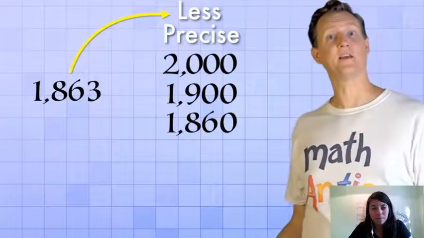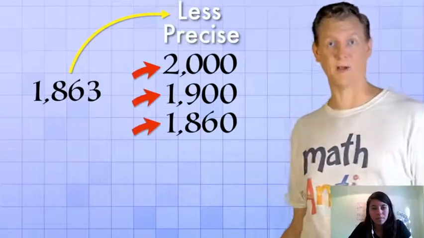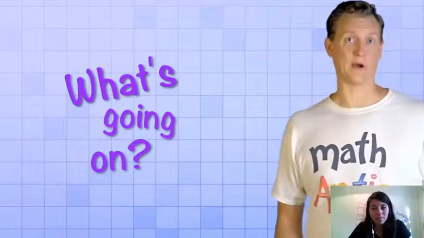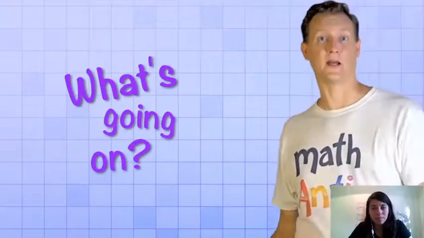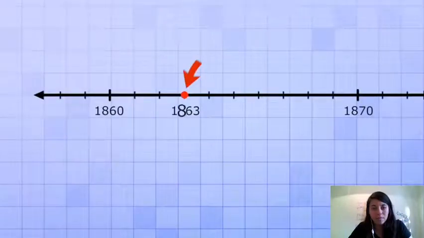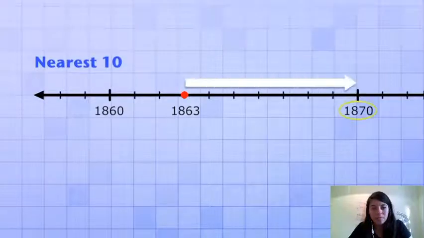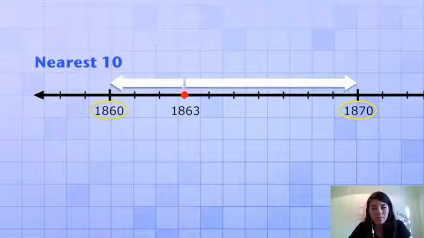So rounding a number basically means making a less precise version of it. And as you can see, there's usually multiple ways to round a number depending on the level of precision that you need. A really good way to understand what's going on when you round a number is to look at a number line. Here's 1,863. If we want to round it to the nearest 10, we need to decide if it goes up to 1,870 or down to 1,860.